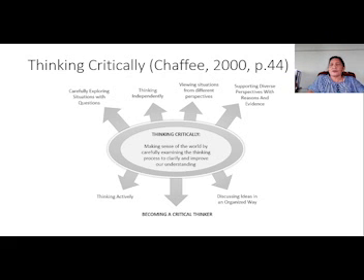So, what sort of questions can be given so that we can encourage our students to think critically? As you can see in the diagram, thinking critically is carefully exploring situations with questions.